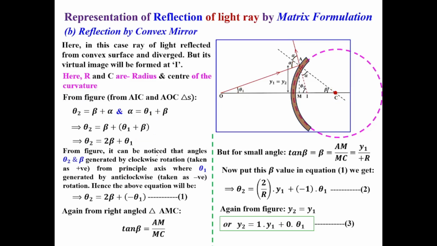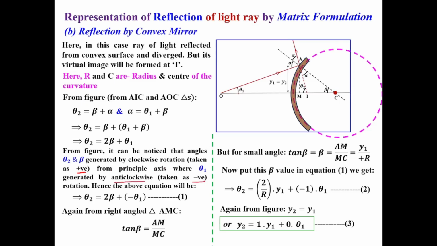From the figure, it can be noticed that angles theta 2 and beta are generated by clockwise rotation from the principal axis. Clearly I have written theta 2 and beta here. Theta 2 this angle and this angle. So this is the principal axis. These two angles are generated by clockwise rotation, like this. I told that whenever we consider clockwise rotation, the sign convention is positive. For anti-clockwise it is negative.